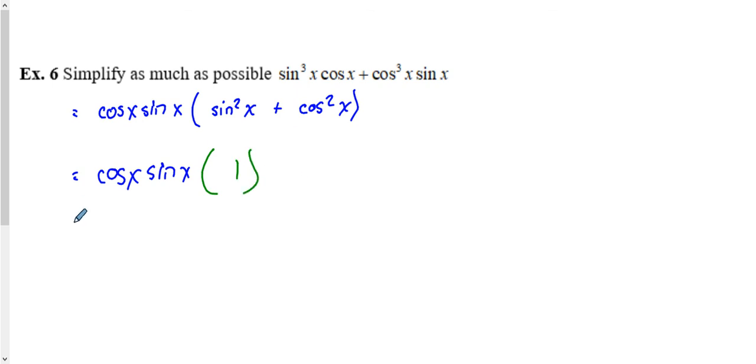So we end up with just cos x sine x. And again, you could have graphed all of this as y1 and cos x sine x as y2, and again, you're looking for overlap.